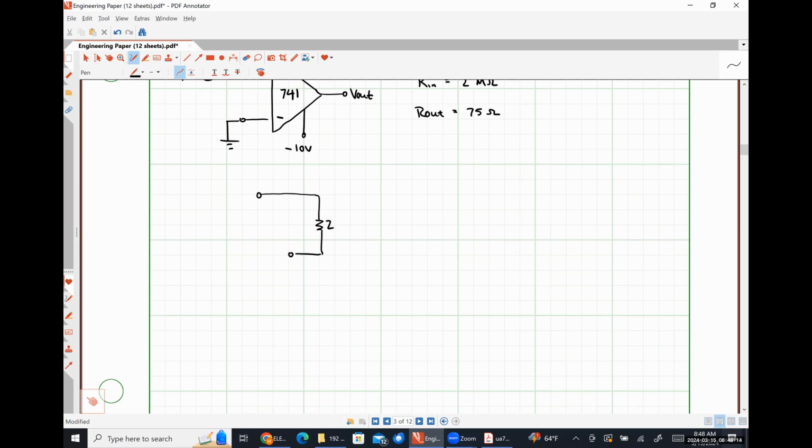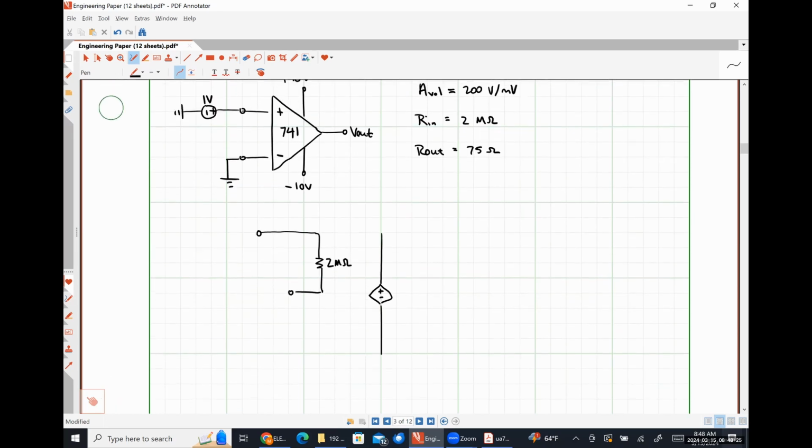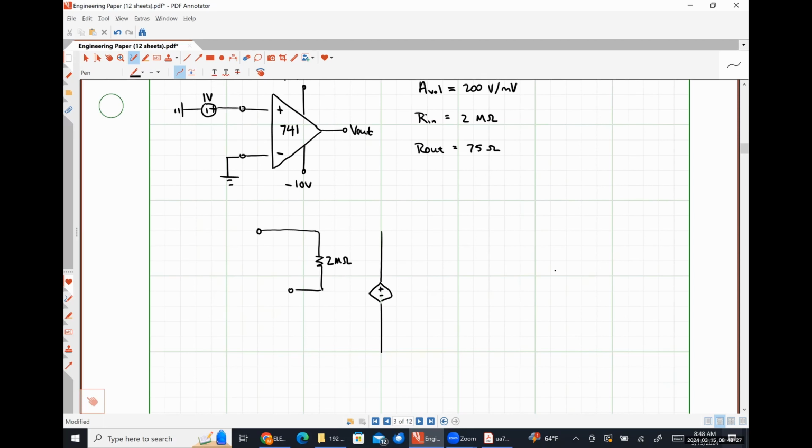So here's my 2 mega ohms input resistance. 200 volts per millivolt is 200,000.